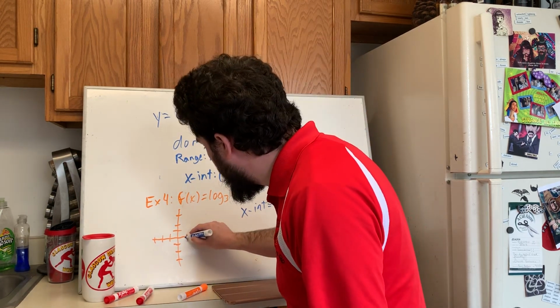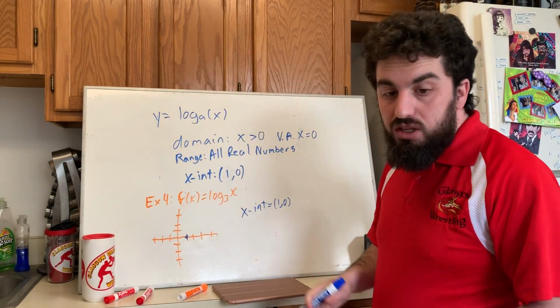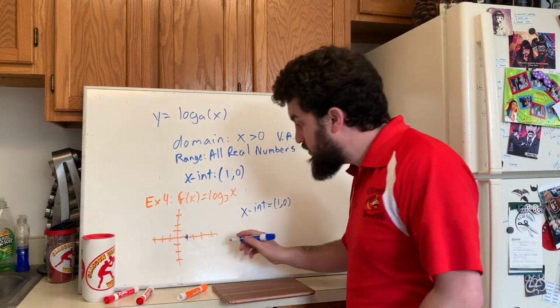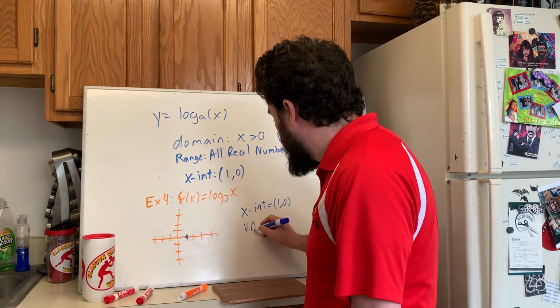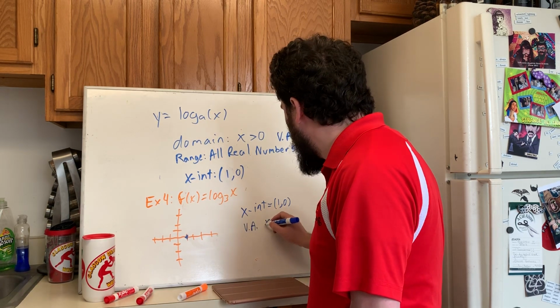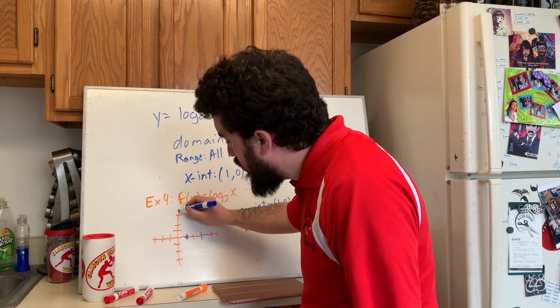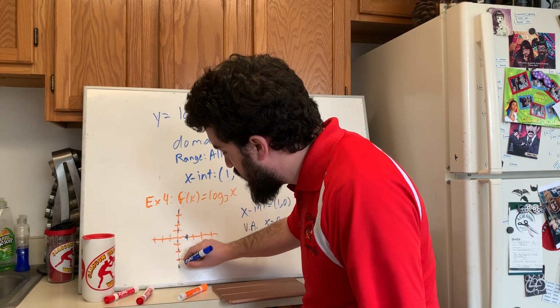I'm going to plot that. Since I did no other shifting, I know my vertical asymptote is also x equals 0, or the y-axis.